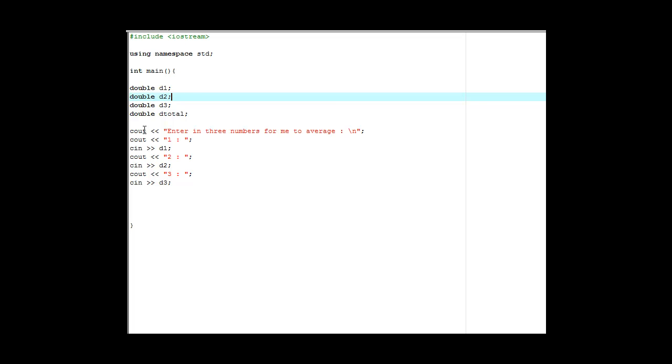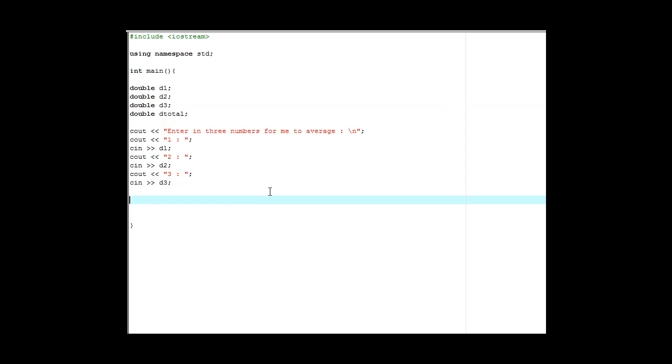So right here I just said output, enter in the 3 numbers for me to average. Then I output 1, then I input 1, and then I output 2, input 2, output 3, input 3, if you know what I mean.